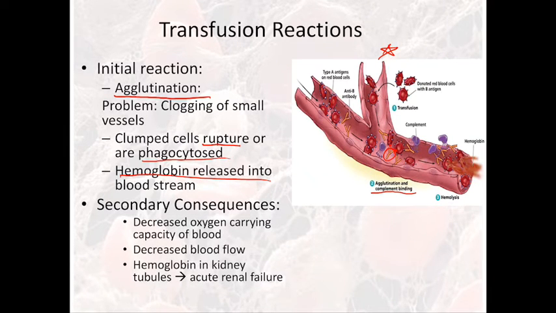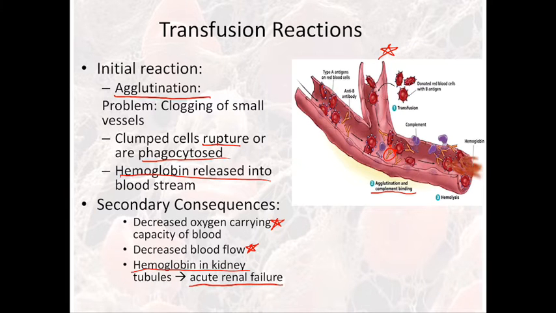Number one, obviously, if we have red blood cells dying or clogged blood flow, then we have decreased oxygen carrying capacity of the blood, decreased blood flow with that clotting. And secondly, lots of hemoglobin in the blood leads to hemoglobin building up in the kidneys, and that can actually acutely destroy the cells of the kidneys and lead to renal failure. And that can be the life-threatening situation with a transfusion, with the wrong type of blood being transfused into your body.